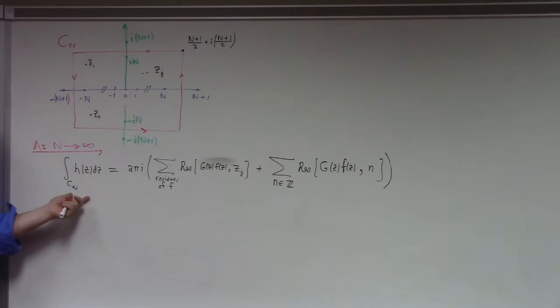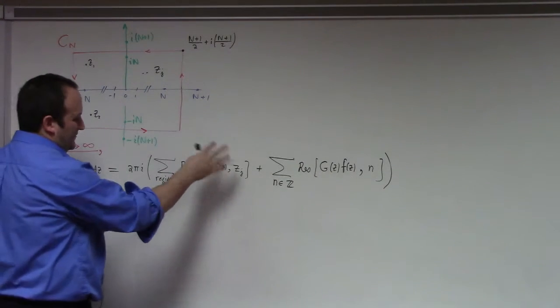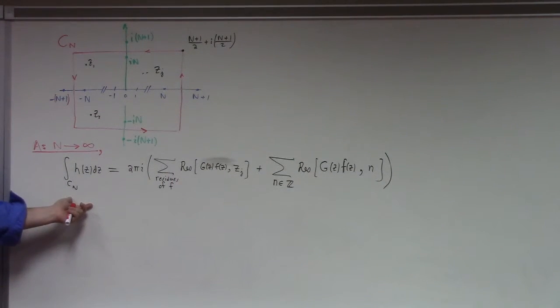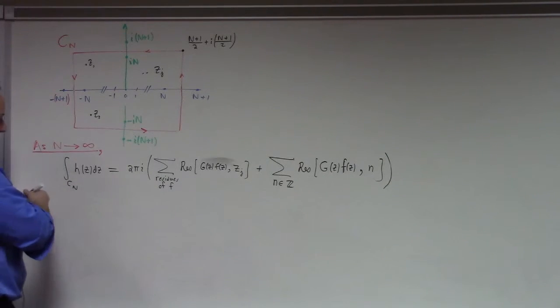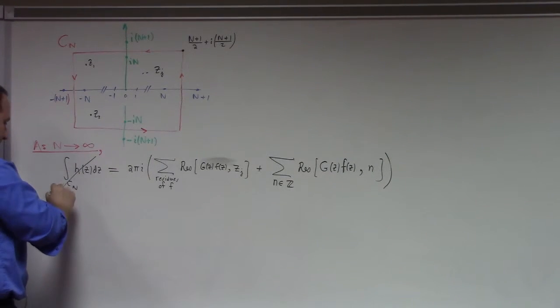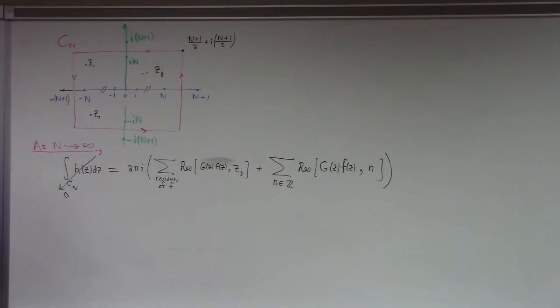I'm assuming that the meromorphic function is meromorphic on the complexes, that there's no singularity at infinity. If there was a singularity at infinity, I think this argument would have to be modified. But if there's no singularity at infinity, essentially this is just like some kind of rational function, where it's going to go to 0, essentially. Roughly speaking, this is the intuition. So anyway, this goes to 0.